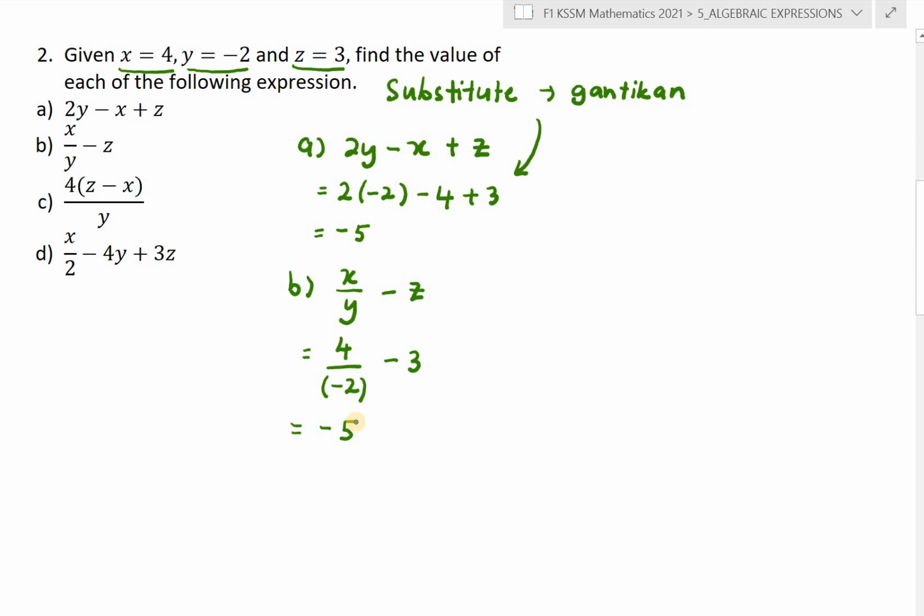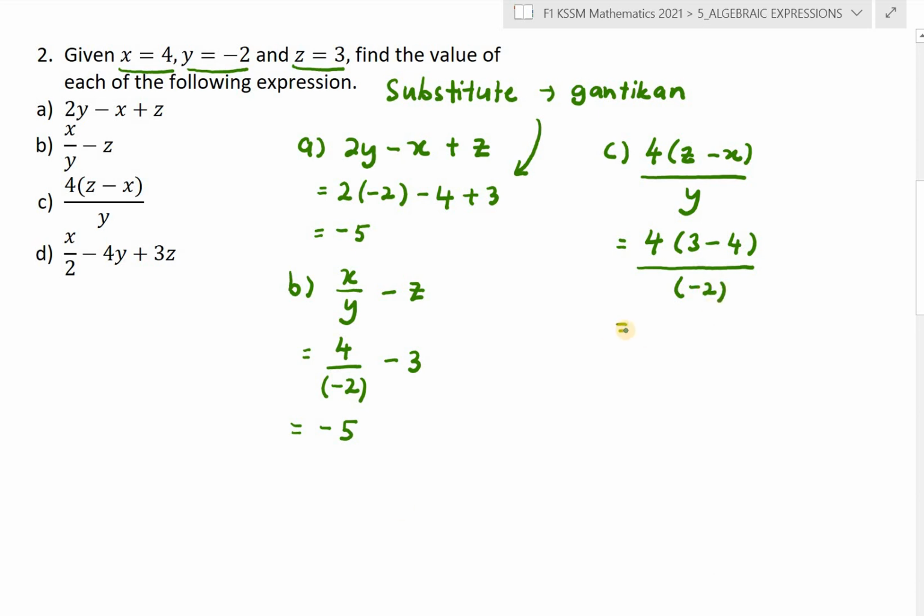Okay, for question C, we have 4 times (Z minus X) over Y. Z is equal to 3, minus 4, the value of X, over Y. Y is negative 2.